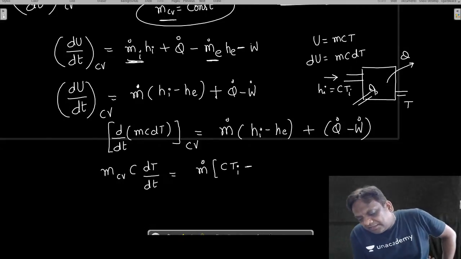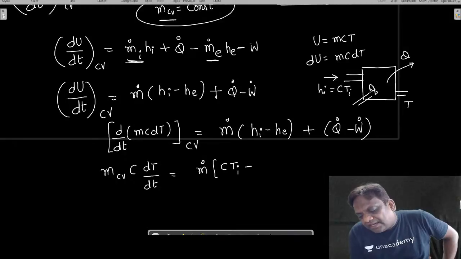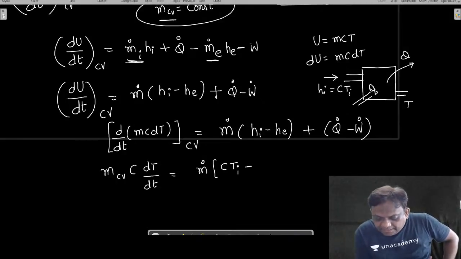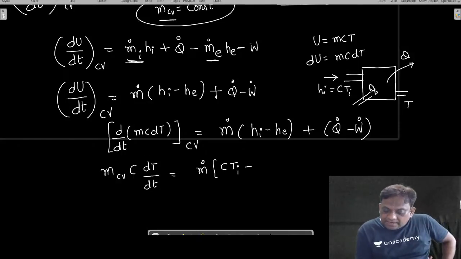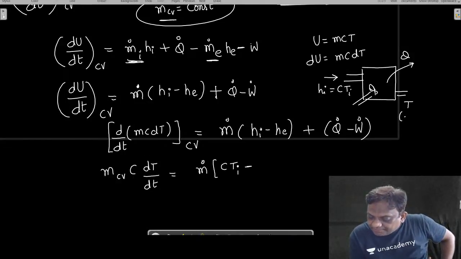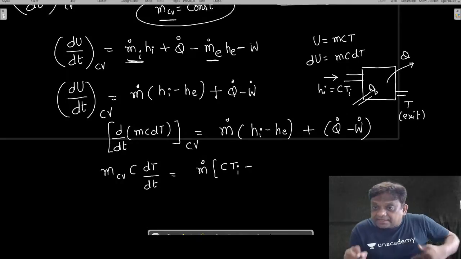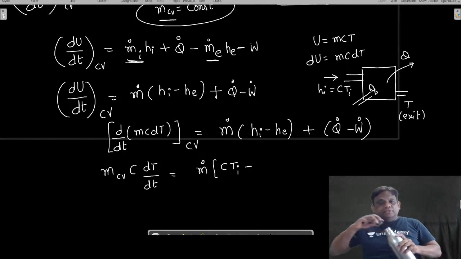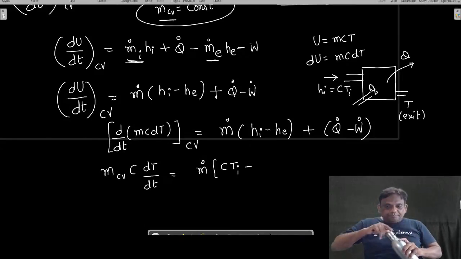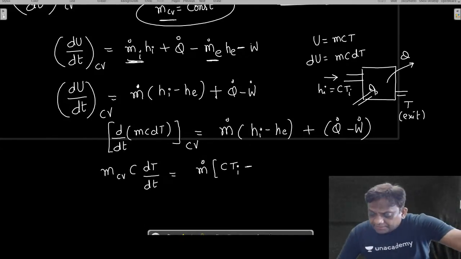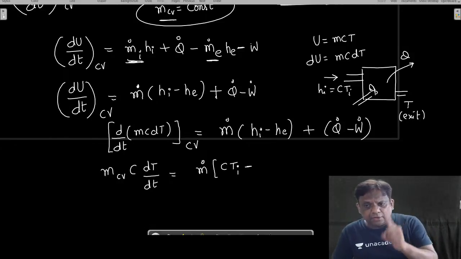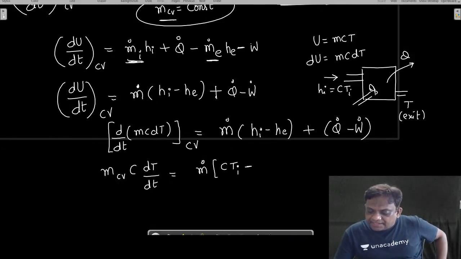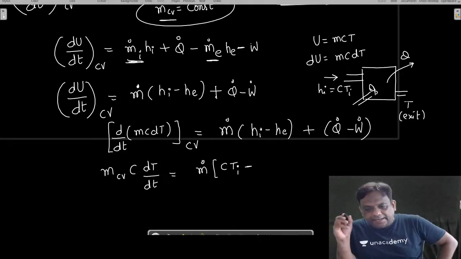But once it has entered, there are energy interactions. Because of these energy interactions, the temperature is changing. Let T be the exit temperature at any time t. All of you are clear with what I am saying?